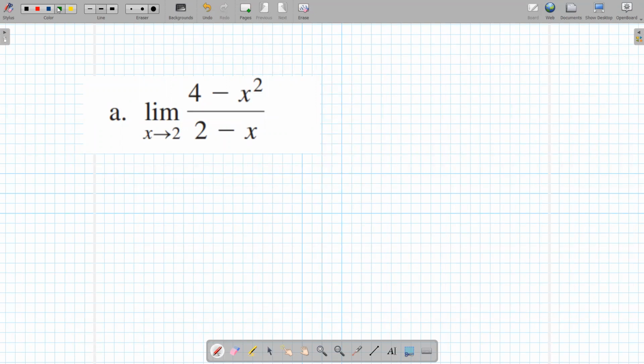A squared minus b squared is a minus b times a plus b. So this is a squared, that's b squared. That means a is 2, b is x, right? You understand this? So it's going to become 2 minus x times 2 plus x, over 2 minus x.